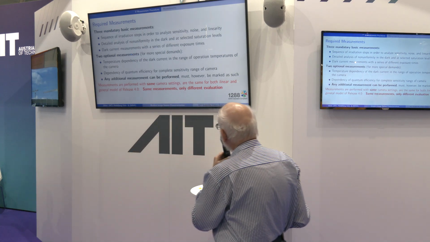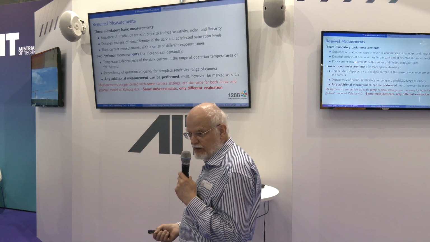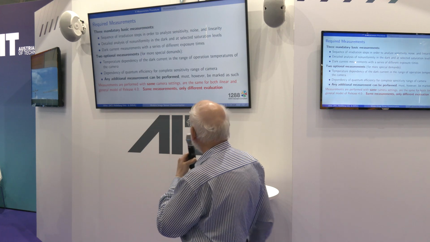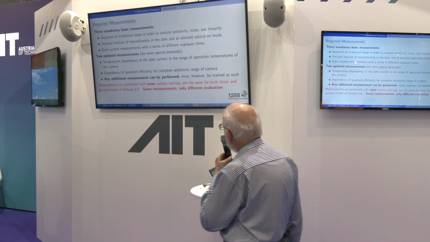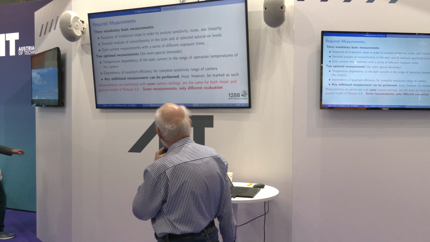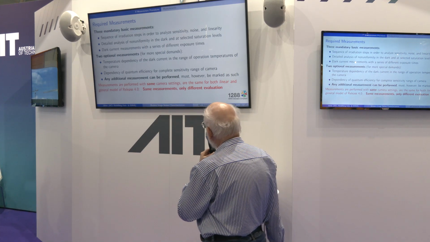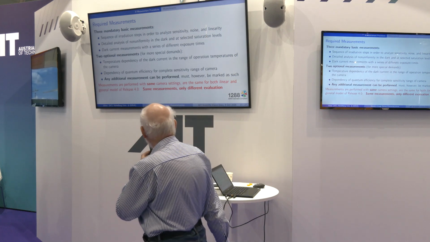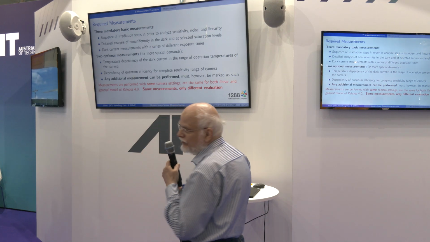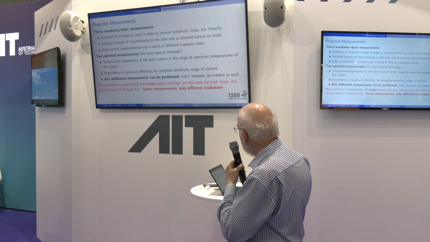But that we do only in the dark and at selected saturation levels, so only a few. And then we have to make, of course, a dark current measurement with a series of different exposure times. In addition, you can have optional measurements like temperature dependency of the dark current, or the dependency of the quantum efficiency as a function of the complete sensitivity range of the camera.